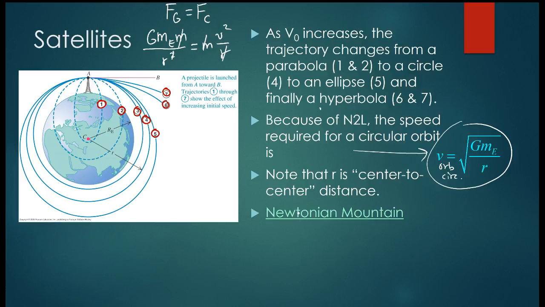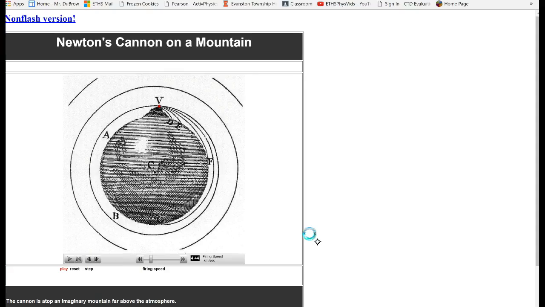So let's just go back to this and see if we can get it to work again. Okay, so let's do a little bit larger speed here. Not quite as much as before. Maybe we'll just do 6 kilometers per second. And so we don't quite make it. Let's try about 8.